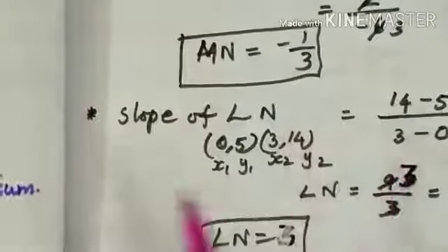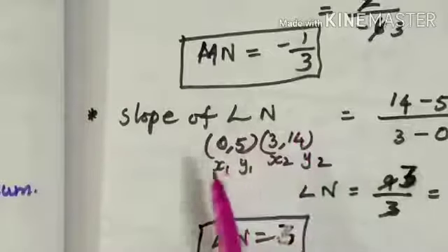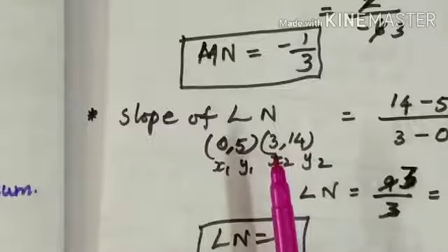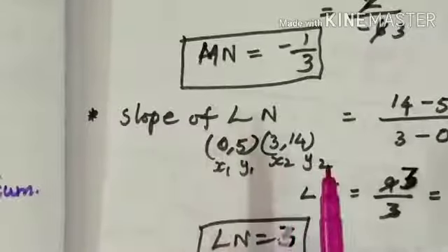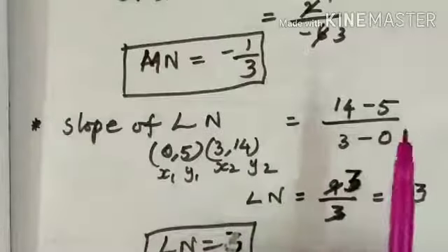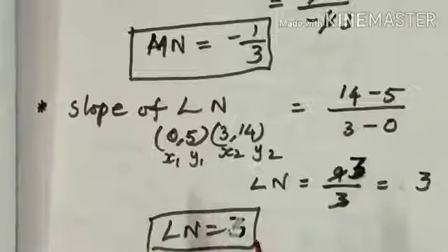Then third side of the triangle, that is slope of LN. Take down and write the L point 0, 5, N point 3, 14, that is x1, y1, x2, y2. Now apply these points in the formula, and we get slope LN is equal to 3.